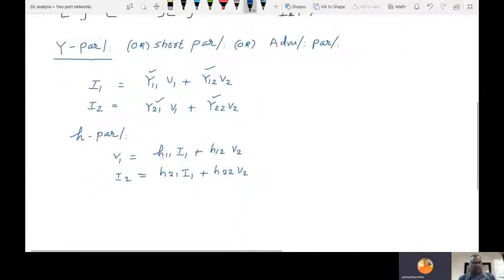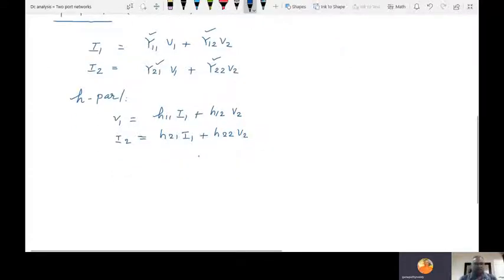So what is H11? It is an input impedance. H11 is input impedance when the output is shorted. So it is similar to HIE of the common emitter amplifier: E for common emitter, I for input impedance.